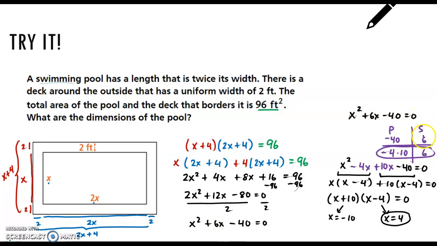And then I did product sum of negative 40 and 6, broke up my polynomial, factored that, and I got x equals negative 10 or x equals 4. X equals negative 10 doesn't make sense for a dimension, so I'm going to use x equals 4. And then this says, what are the dimensions of the pool? So the pool is 4 feet by 2x, so 8 feet. Those are the dimensions of my pool.